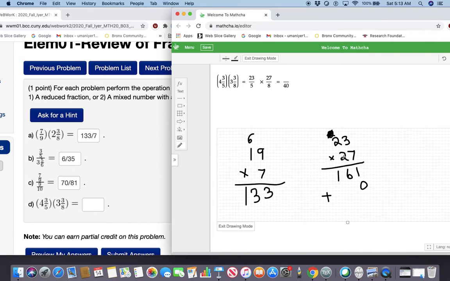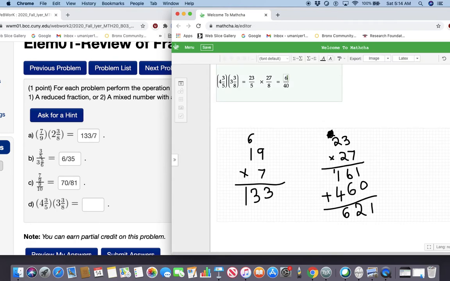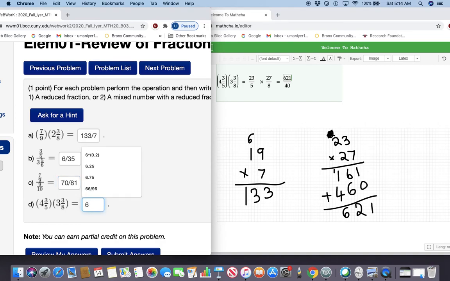Now multiply by 2. 2 times 3 is 6. 2 times 2 is 4. Adding, 6 plus 6... 1 plus 2, 1 plus 1 is 2, plus 4 is 6. So that's the numerator, 621. So this is 621 over 40.